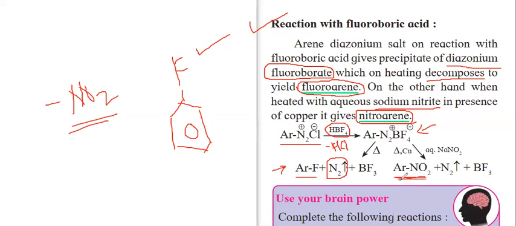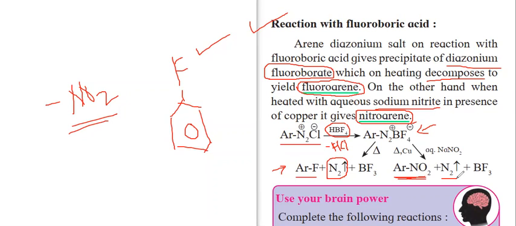But generally we have to say nitroarene. Similarly here also there is a displacement of the diazonium group by the nitro group. This is the reaction of aromatic diazonium salts with fluoroboric acid.